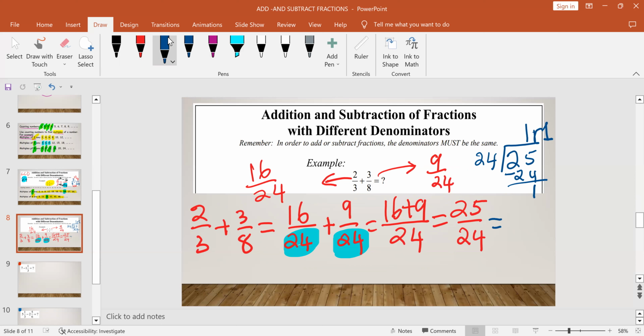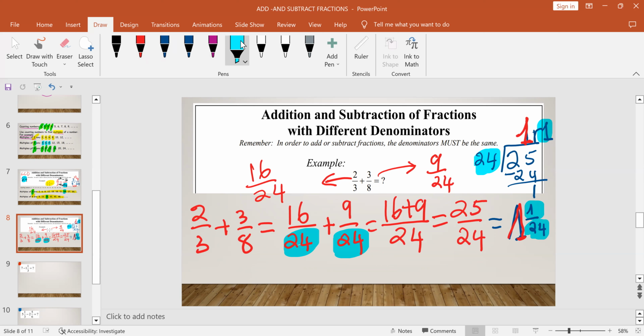Therefore, this answer will be 1 and 1 over 24. You have to understand that this 1 here is this one. And the other one, this one is the remainder, and the 24 is the divisor.